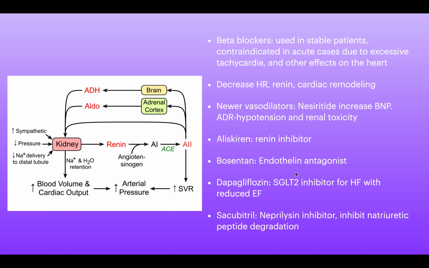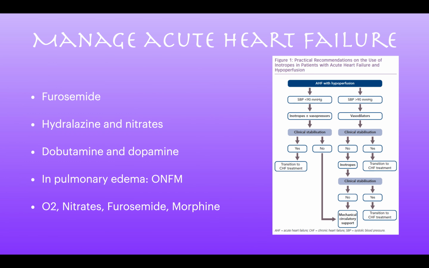Bosentan is an endothelin antagonist, and dapagliflozin is an SGLT2 inhibitor for heart failure with reduced ejection fraction. Sacubitril is a neprilysin inhibitor, and it's going to inhibit natriuretic peptide degradation.